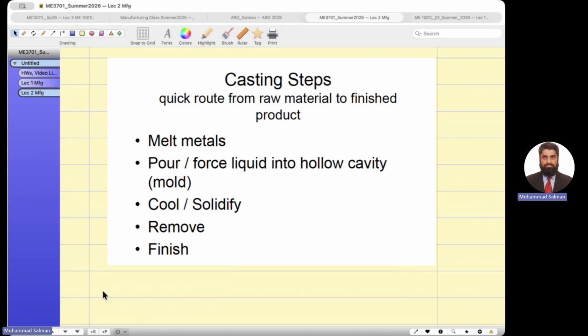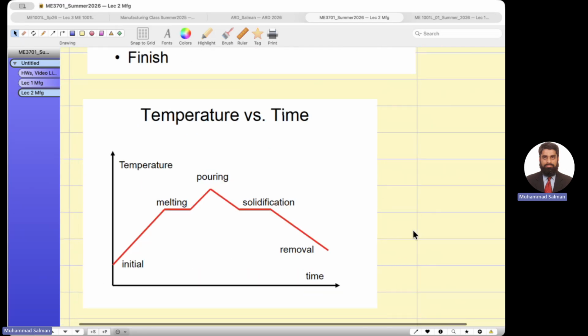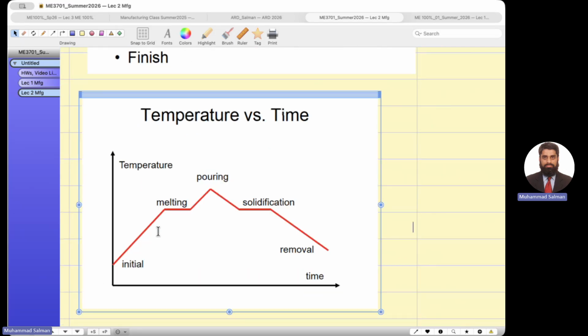When you melt metal, initially there is sensible heat and latent heat. When the phase changes, it's the latent heat of fusion. You understand that?